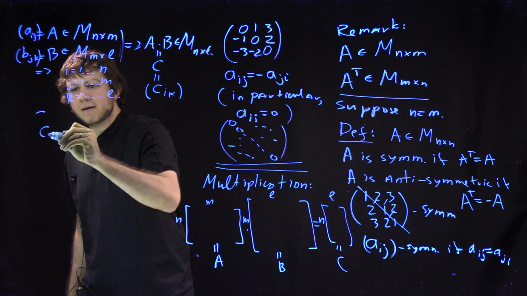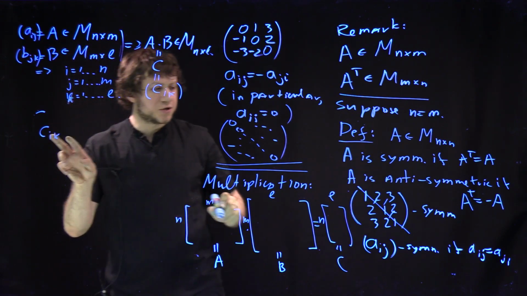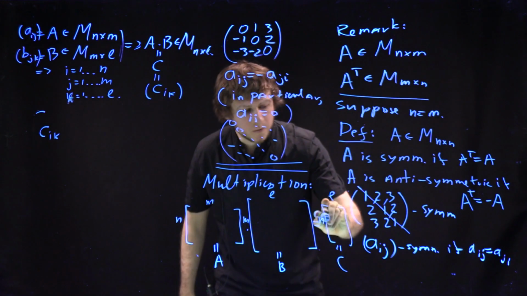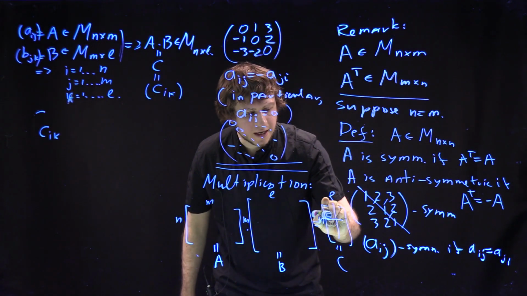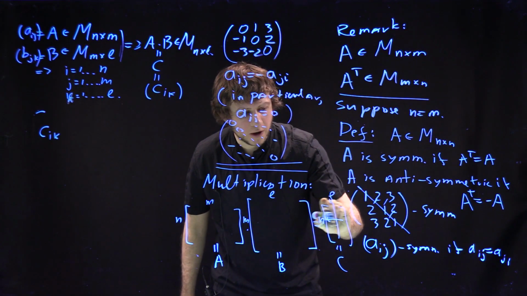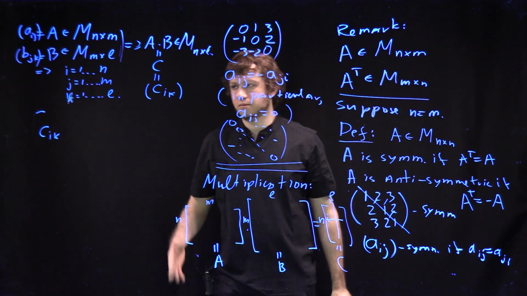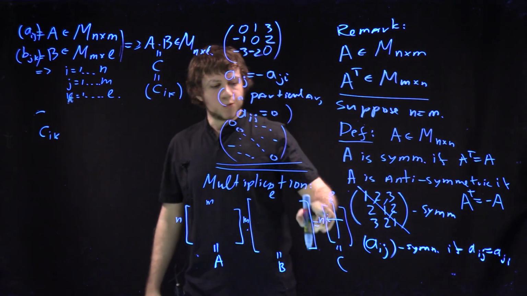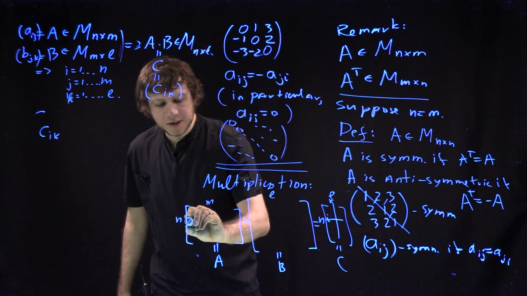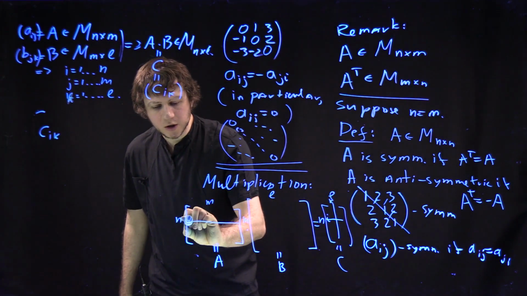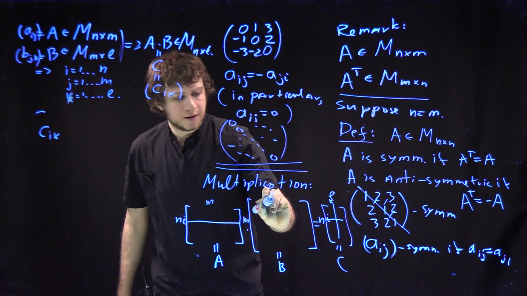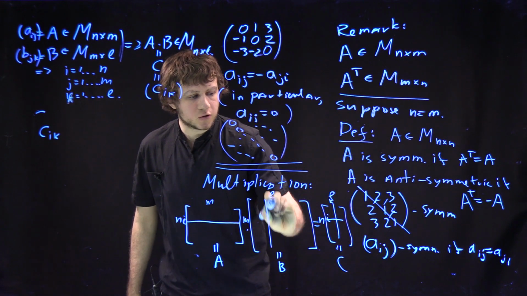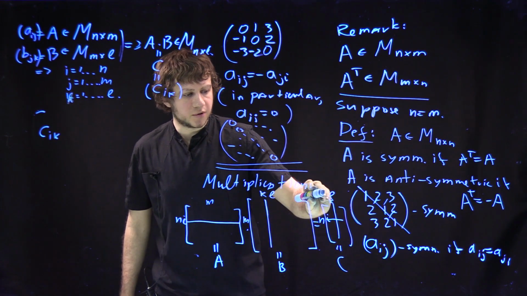So C_ik is basically a term in my matrix C which stands in i's row and k's column. So what I do, I take the corresponding row here, which has index i. I take the corresponding column here, which has number k.